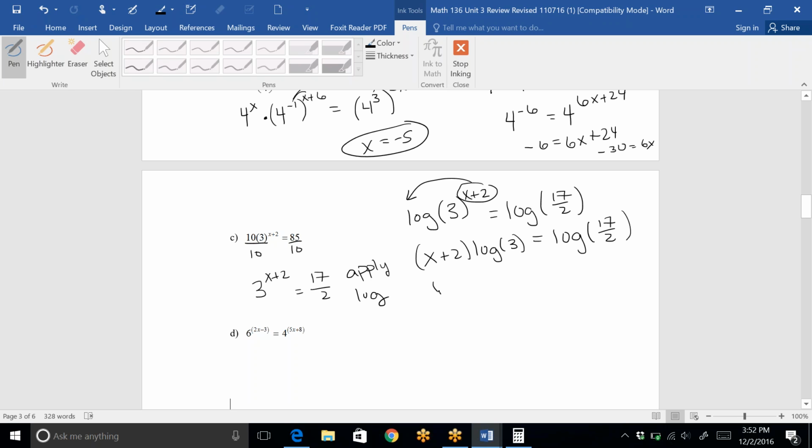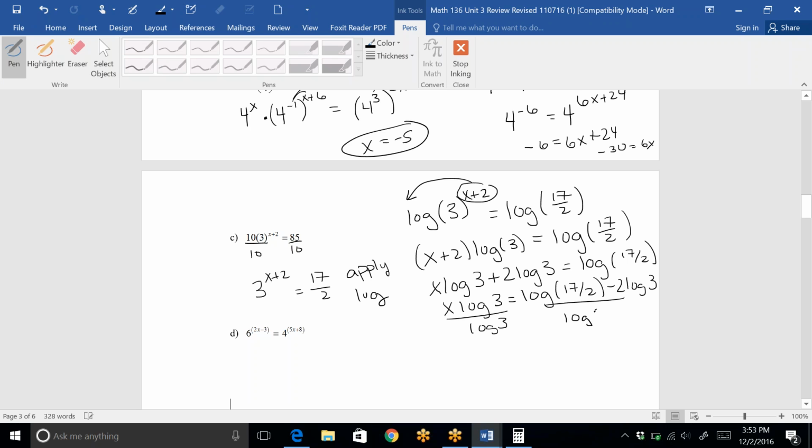Distribute the log 3 to both of these, so x log 3 plus 2 log 3 equals log of 17 over 2. We would subtract over the 2 log 3. And then now we're going to divide everything by log 3 to get the x by itself.